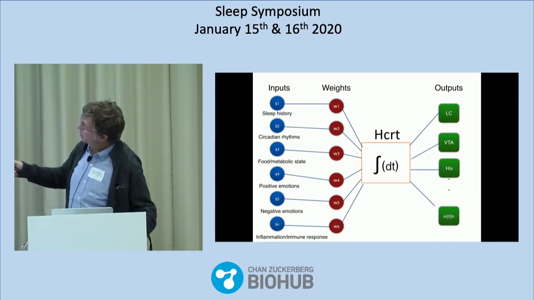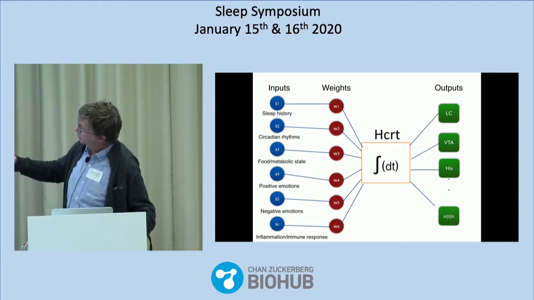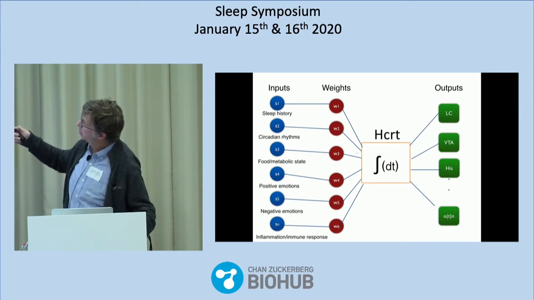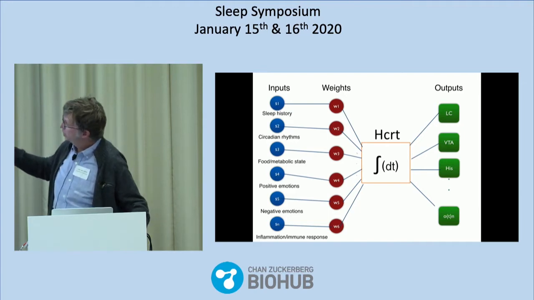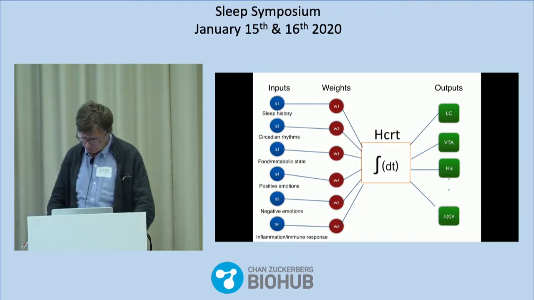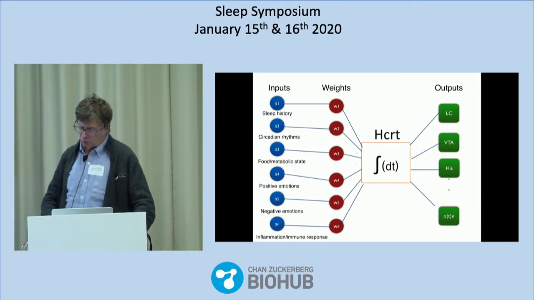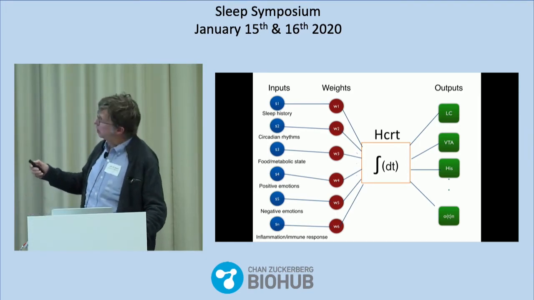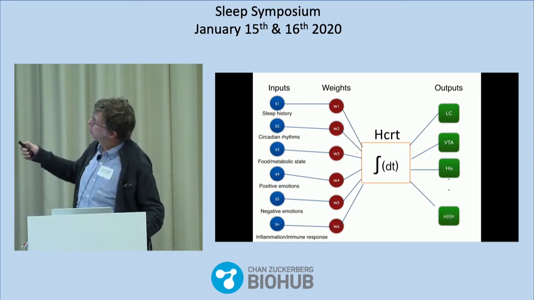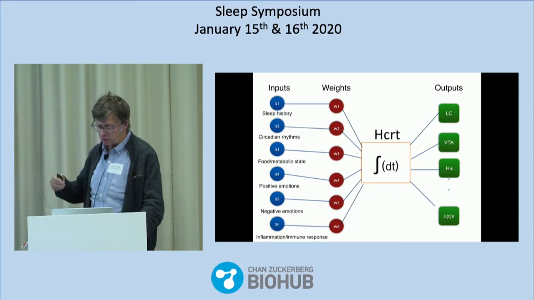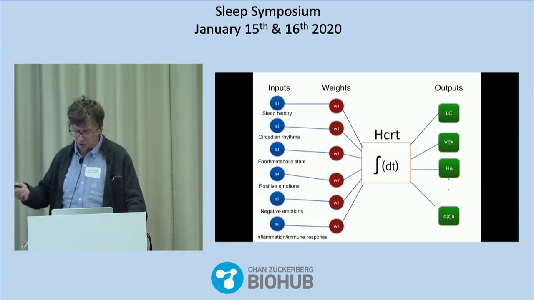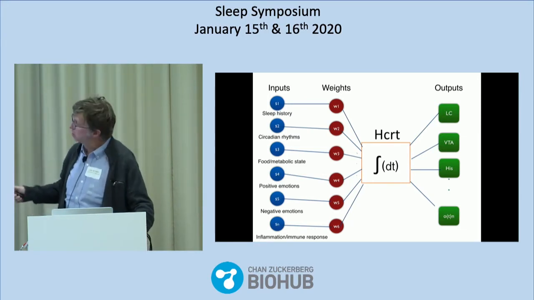And like I said, the outputs of these neurons include arousal nuclei: noradrenergic locus ceruleus, dopaminergic VTA, and histaminergic cells. And we've also shown over the years that each of these monoaminergic cells individually is sufficient to induce sleep-to-wake transitions.